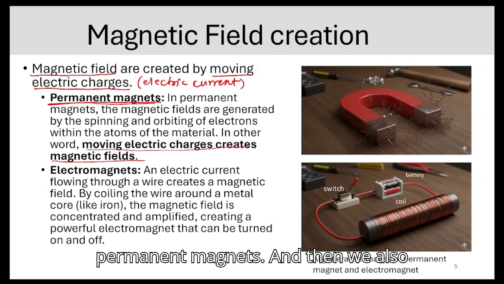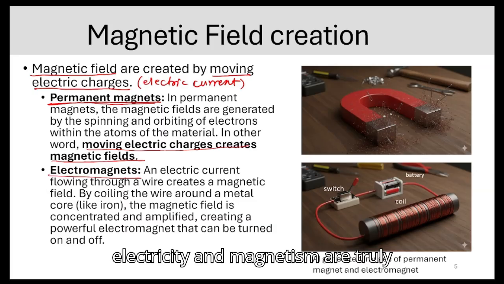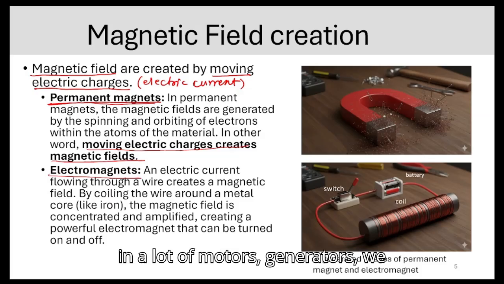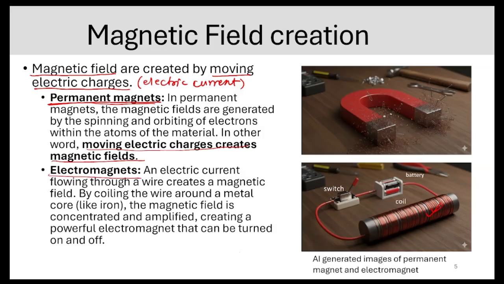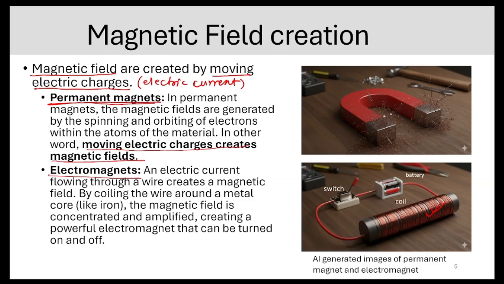And then we also have electromagnets, and this electromagnet is where electricity and magnetism truly connect to each other. Like in a lot of motors, generators, we see these coils everywhere, and with the electromagnet we will get an actual connection between electricity and magnetism.